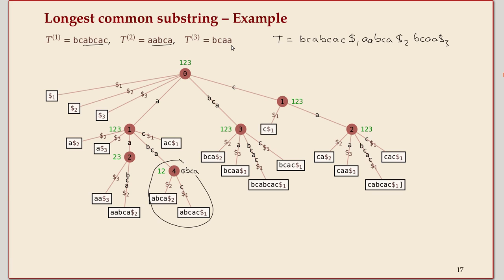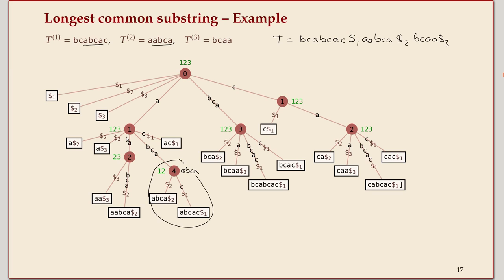So in the tree, without thinking, you can just take what are the dollars that you see at some stage below this node on a path to a leaf. If there's $1 and $2, you find the string that's on the path label towards this node in those 2 strings, but not in the other ones. Similarly, here we have a node that only occurs in the second and third string.